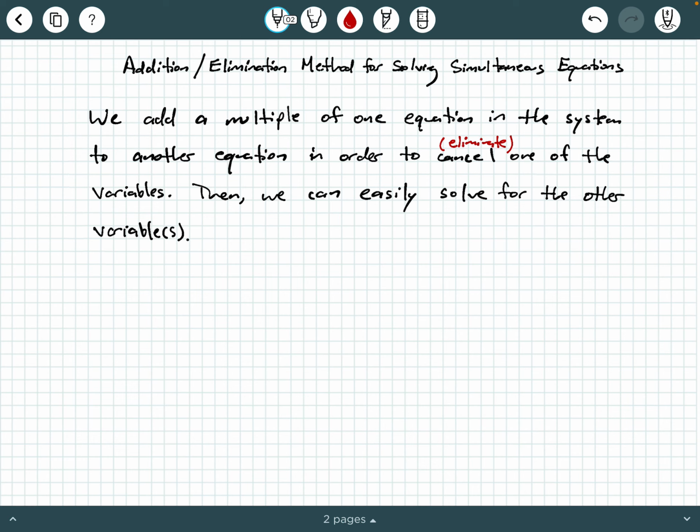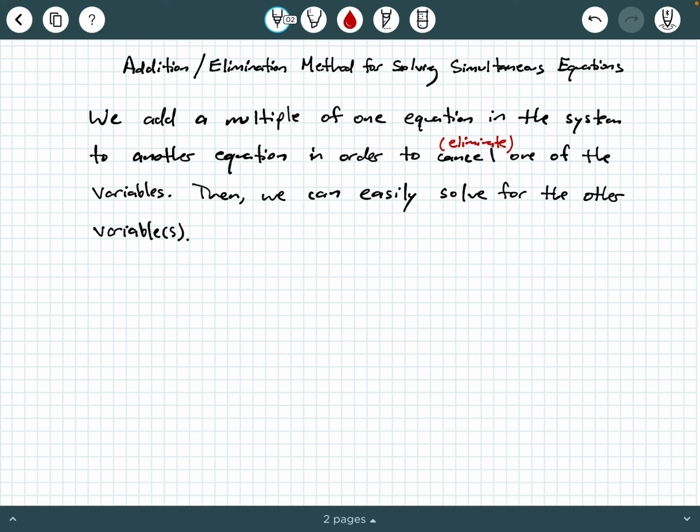This method works pretty well for systems of two equations with two variables. You can also use it for larger systems like three equations with three variables, but it does start becoming a little tedious and inconvenient with three equations, three variables, or four equations and four variables. So we see it more often with two equations and two variables.